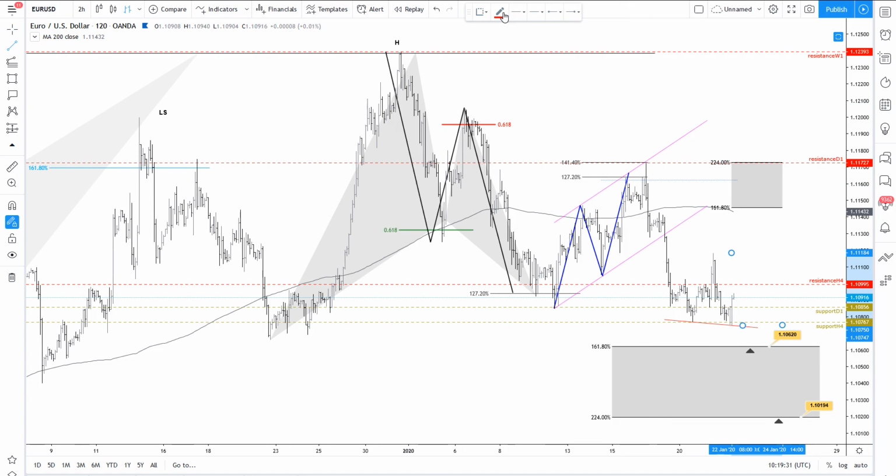So basically, we need to actually see the market bouncing from here and breaking above these highs.